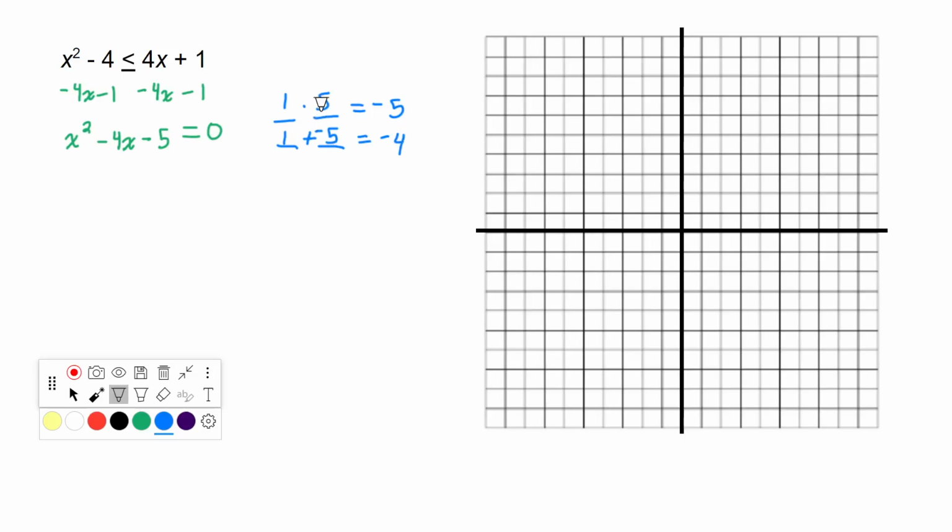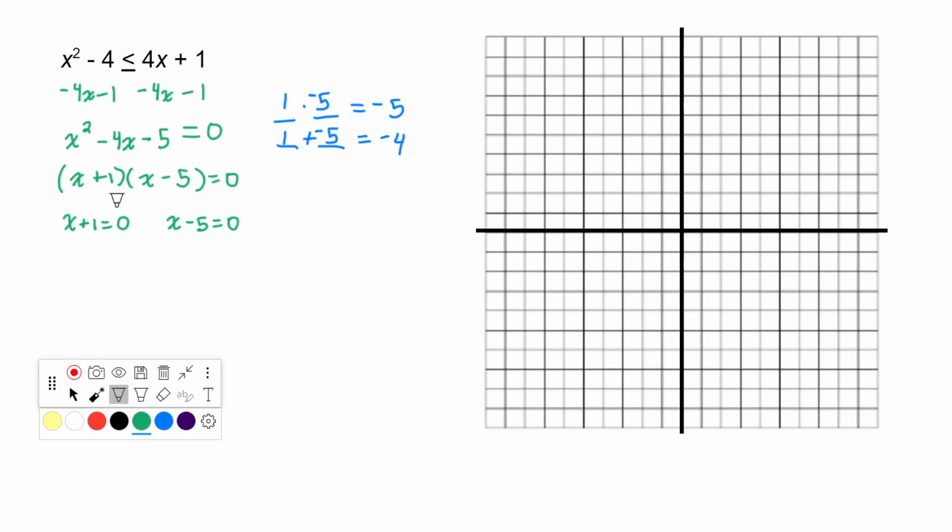The answer is yes, if 5 is negative. So 1 times -5, I'm just checking, will give me -5. So my factored form of this expression will be x plus 1 times x minus 5 equals 0. And again, for solving, you're going to think of each factor equaling 0.